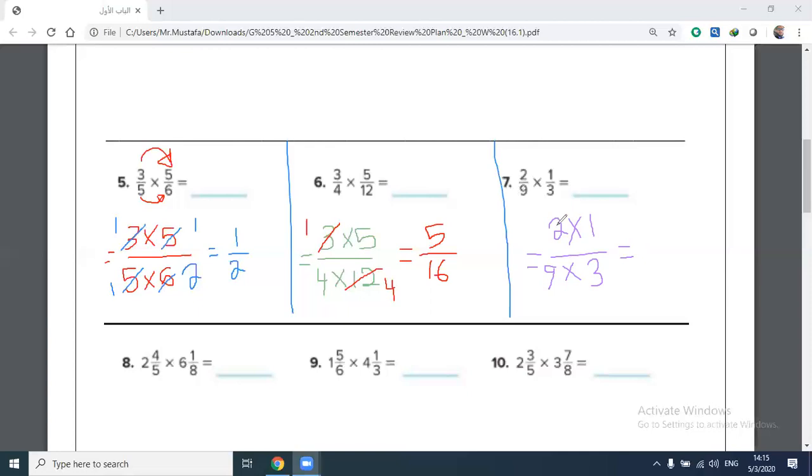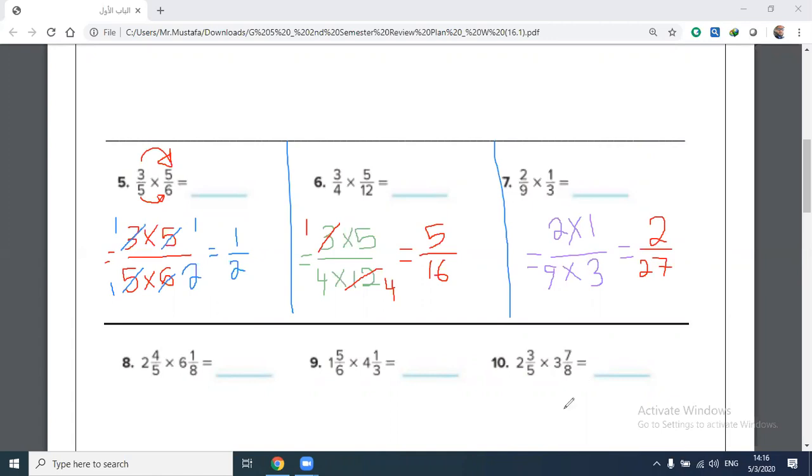Is any number here divisible by 2, 9 or 3? No. There is no common factor. It's already in simplest form, just find the result. 2 times 1 equals 2, and 9 times 3 equals 27. So the answer is 2 over 27. Okay, is this clear?